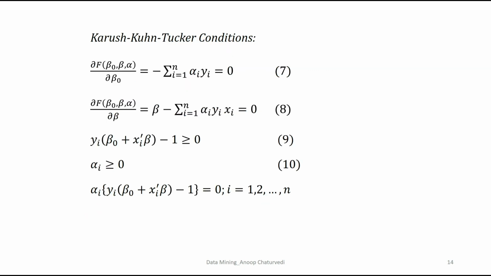Then to obtain Karush-Kuhn-Tucker conditions, what we do? We differentiate the function f with respect to beta naught and beta, and then we also differentiate it with respect to each alpha i. So, we obtain these conditions. When we differentiate with respect to beta naught, we obtain minus summation i equal to 1 to n alpha i yi equal to 0.